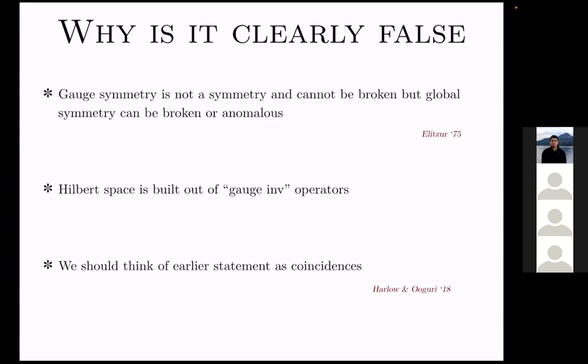What you actually want to match is operators, correlation functions, Hilbert space, one-point functions, two-point functions, and gauge invariant operators, precisely gauge invariant operators. So you map things that are gauge invariant, and the Hilbert space doesn't see the gauge.